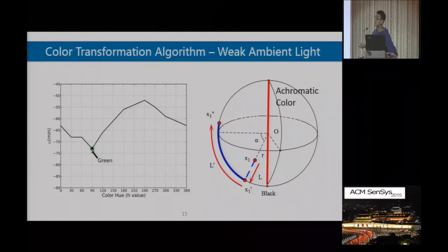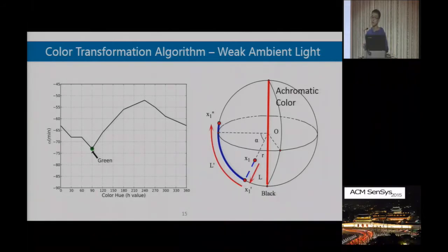We found that alpha reaches the lowest when the color hue is equal to 90 degrees, which means it's the green color. So we select green for the achromatic color. So in a web page, if the color is achromatic and under white light, we will move it along the green color hue, this direction, to get a new color. So the algorithm part is done here.